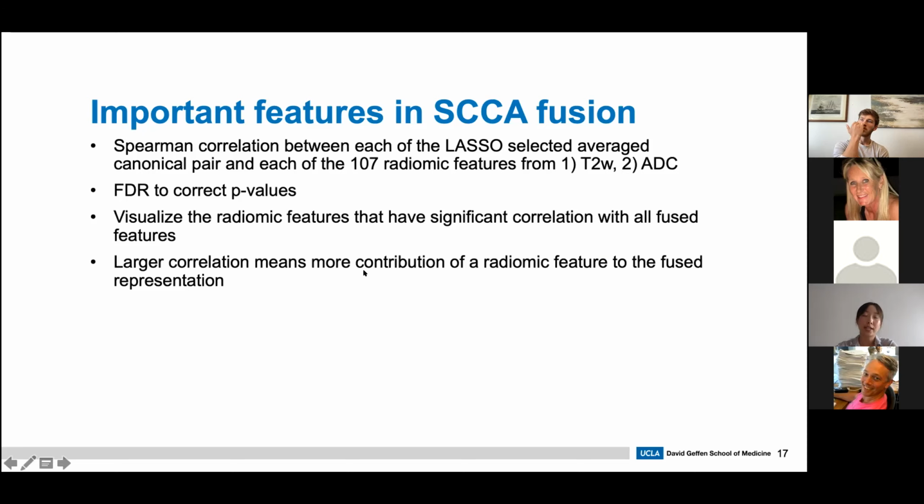We used FDR to correct the p-values and visualized the radiomic features that have significant correlation with the fused features. The larger the correlation, the more that original radiomic feature contributes to the fused representation.